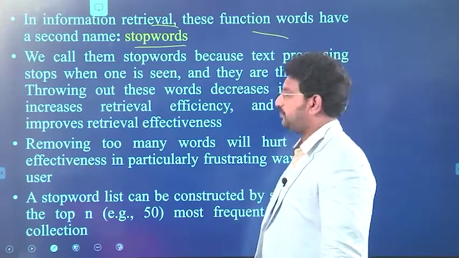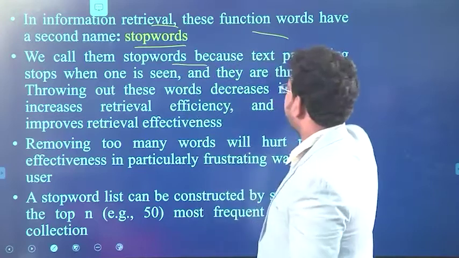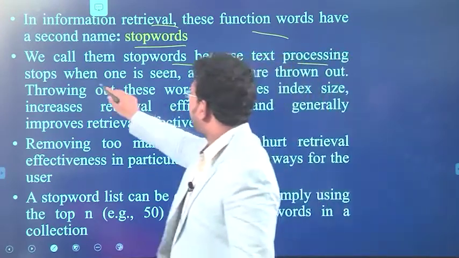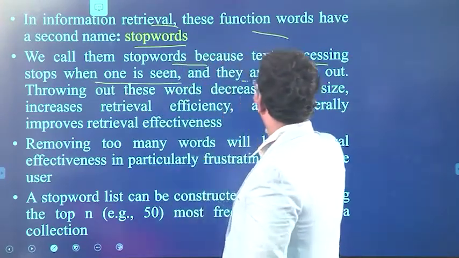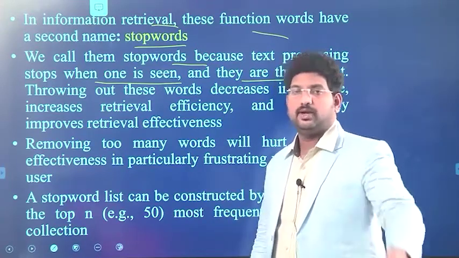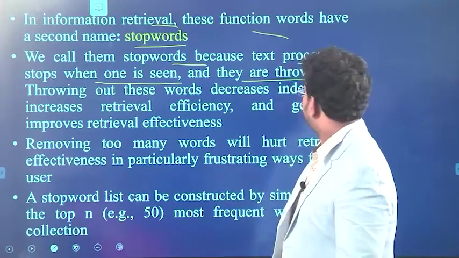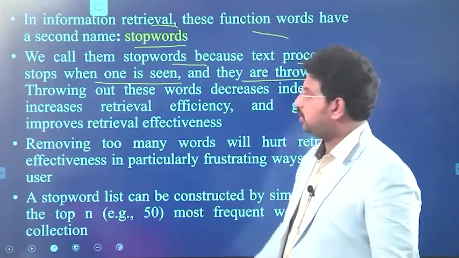So what are stop words? We call them stop words because text processing stops when one is seen and they are thrown out. Whenever text processing is going on, the words that occur very frequently are stopped immediately and thrown out.